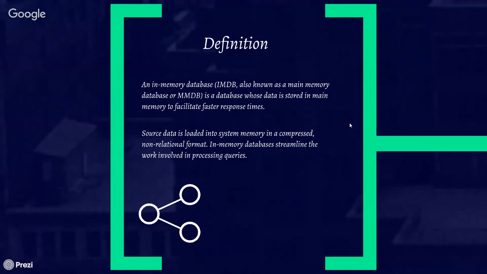Although the IMDb uses source data, the source data is loaded into system memory in a compressed, non-relational format. In-memory databases streamline the work involved in processing queries. So briefly, the in-memory database is a faster database than the normal one.